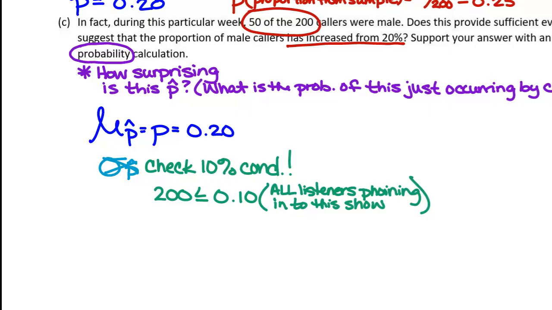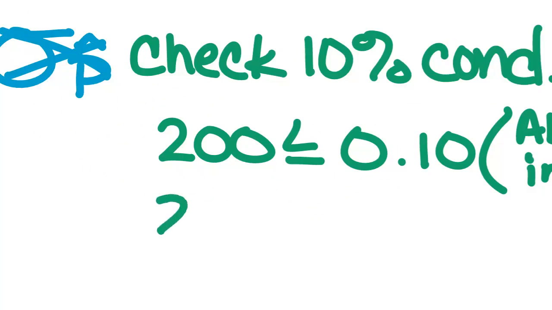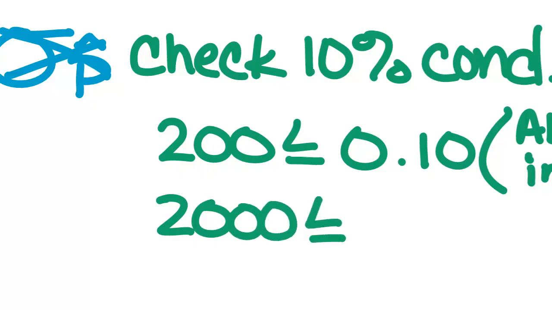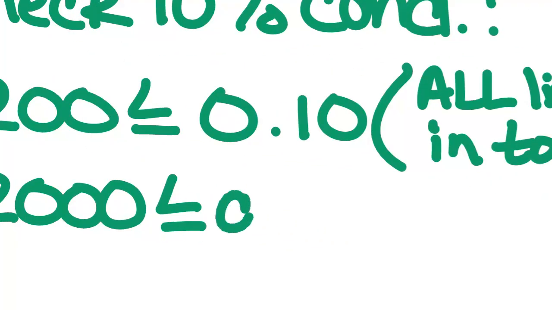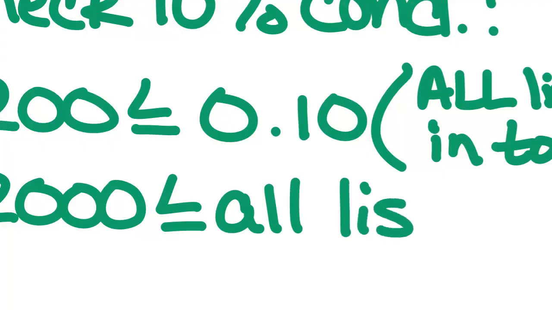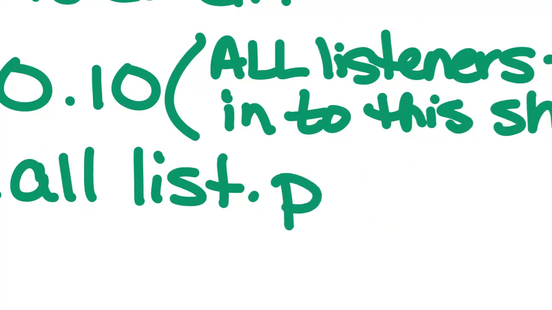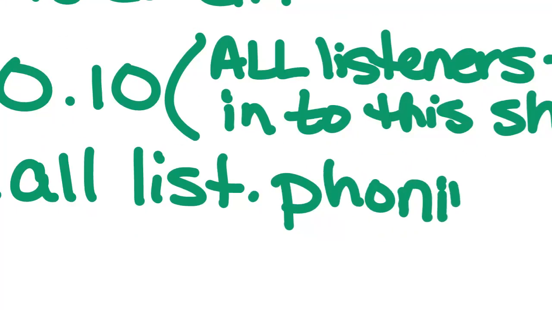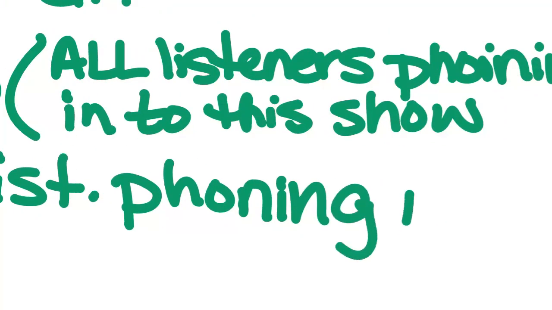This is a situation where I usually do go ahead and write this down. This is what gives me a chance to say, is this reasonable for a population size? All listeners phoning in. We're going to go ahead and give that a check.